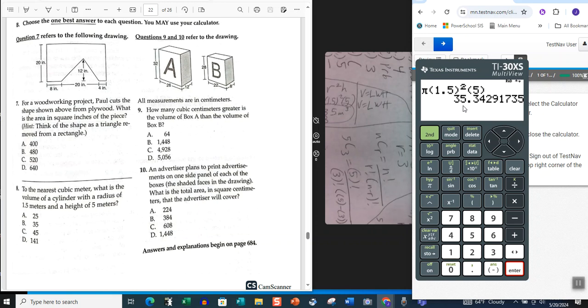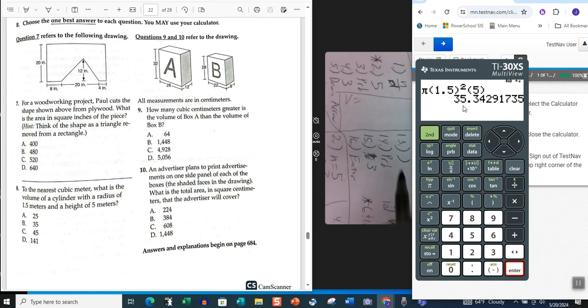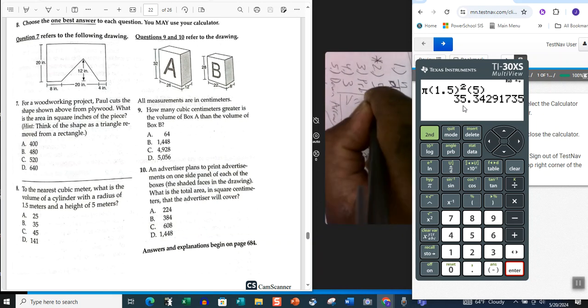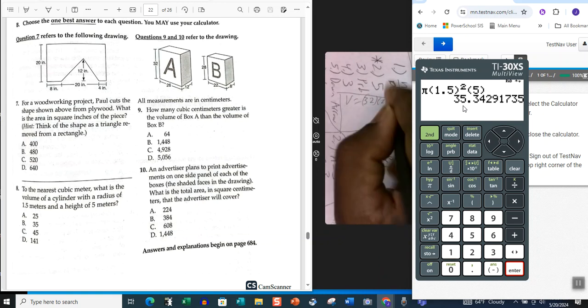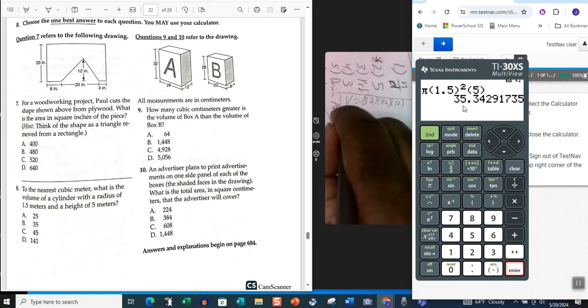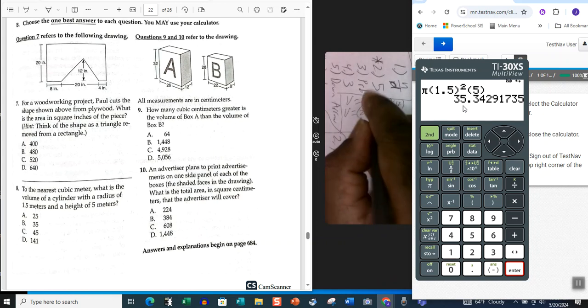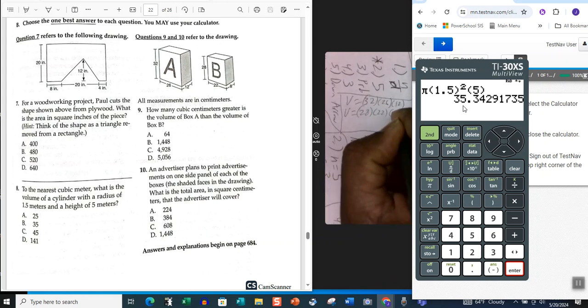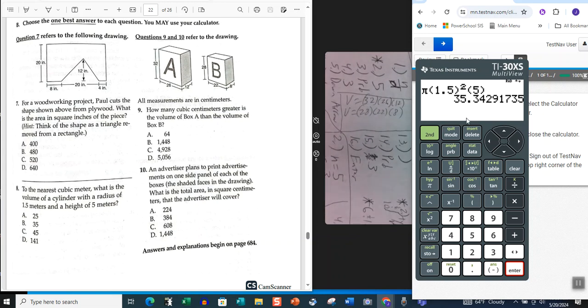So now we go through here and solve. For the larger one, we have length times width times height. It'll be 32 times 26 times 12. Then the volume of the next would be 28 times 22 times 8. We could put both of these in our calculator, and because they said how many cubic centimeters greater, we're going to subtract these two.